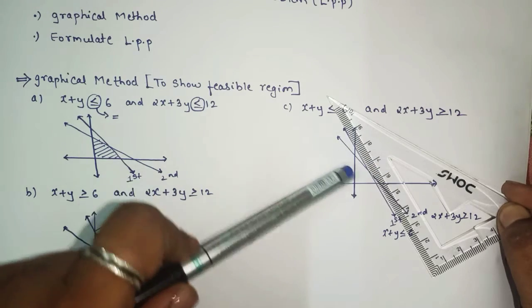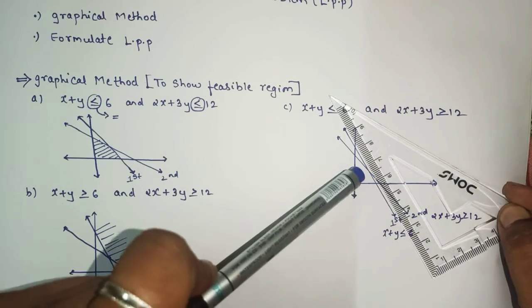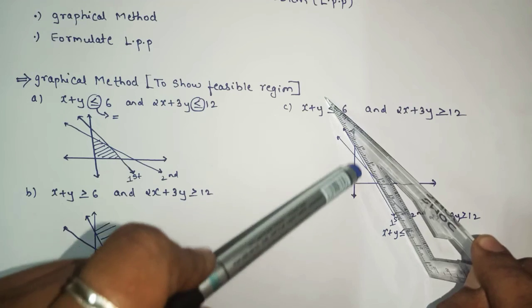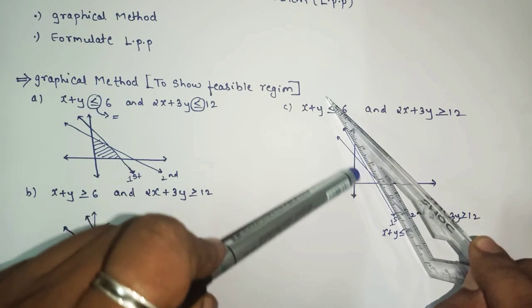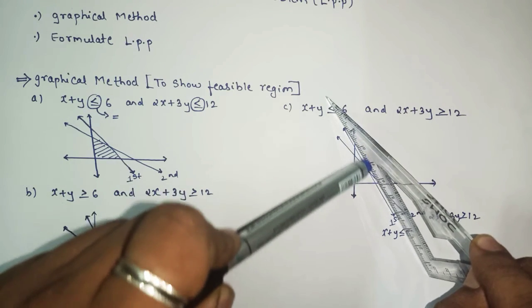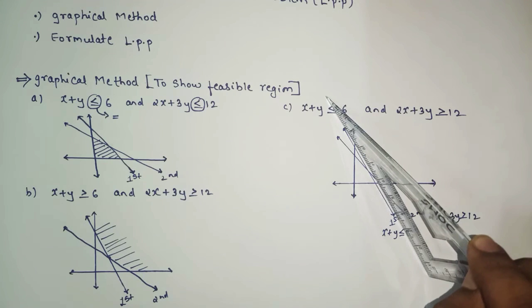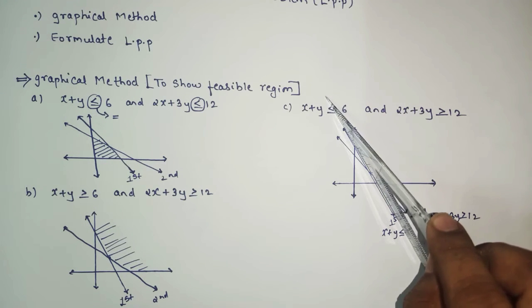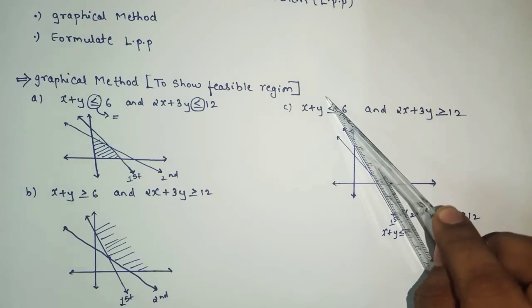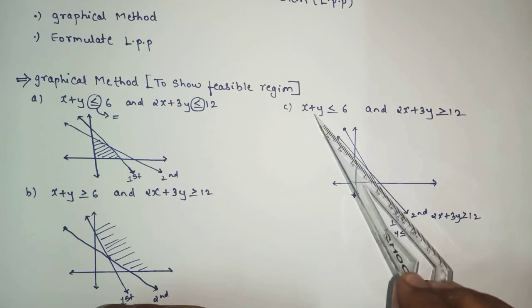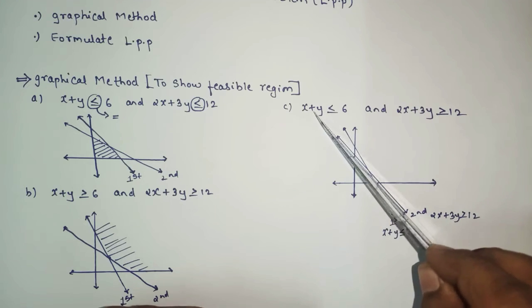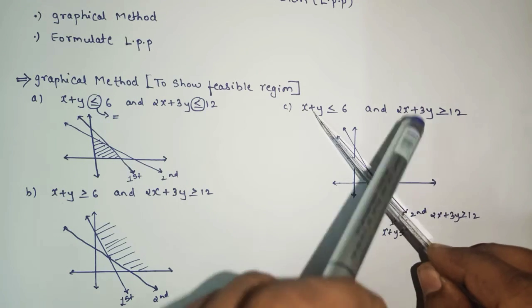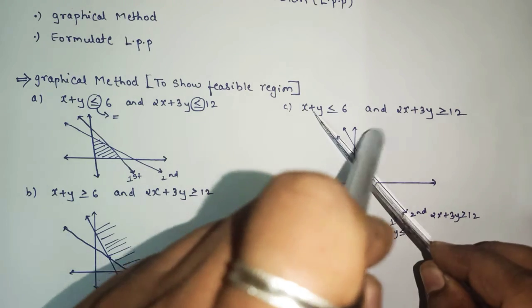Clearly we can see that for the first, less than means these two regions will come. Yes or no? Understood? And for the second equation, clearly we can see that this and this will come, as it is greater than.